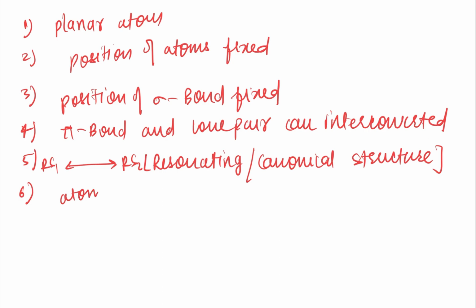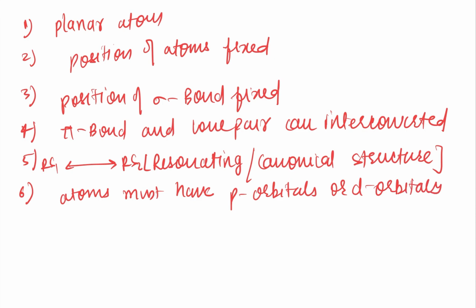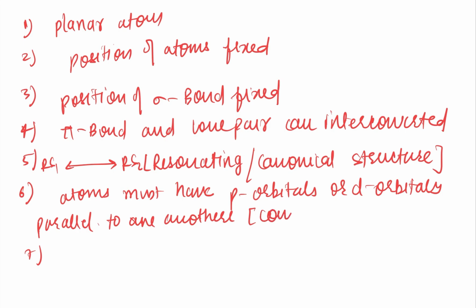Atoms must have p orbitals or d orbitals parallel to one another. That is called a conjugated system.